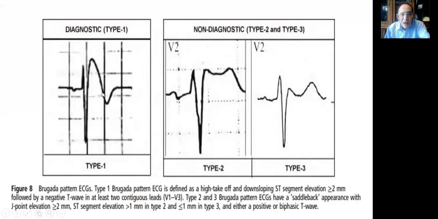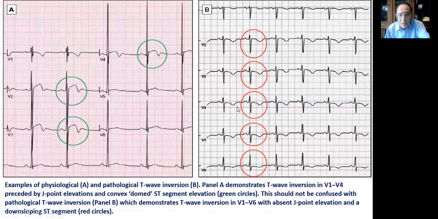Brugada at one time divided the classification into type 1, 2, 3, here with markedly elevated ST with downward slope and inverted T. Here, 2 millimeter only elevation of ST, and here saddle shaped ST. But after this, Brugada himself said no, all these are Brugada, but just fully manifest and not fully manifest. But still some professors follow this classification, type 1, type 2, type 3.